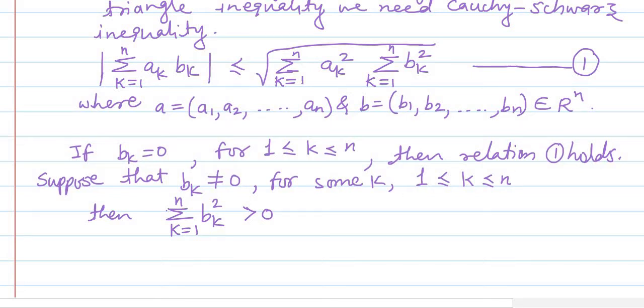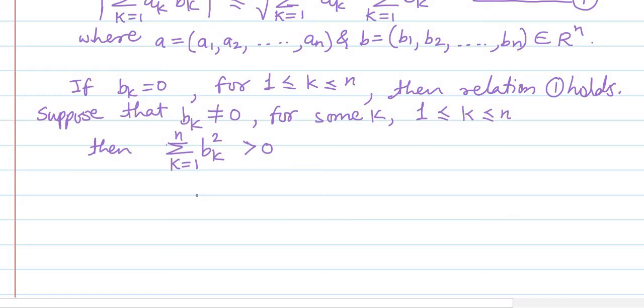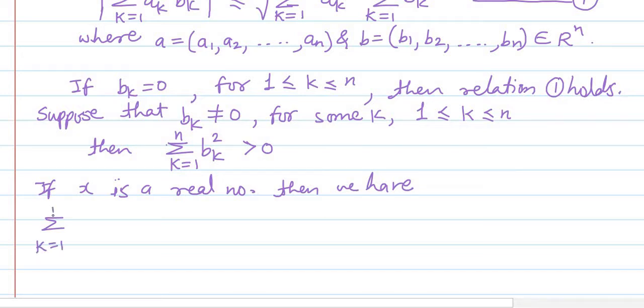Now if x is any real number, it may be positive, negative, whatsoever, then we have the summation over k equal to 1 to n of (ak minus x into bk) whole square.